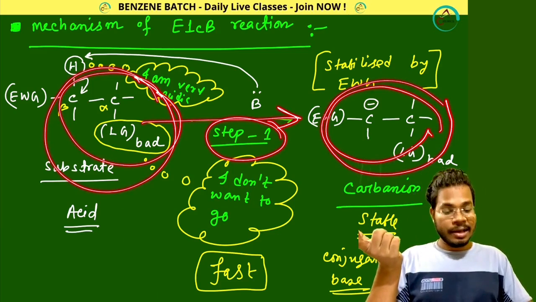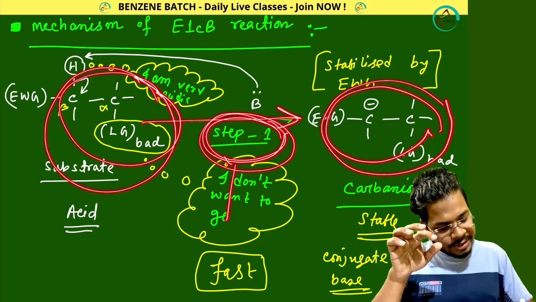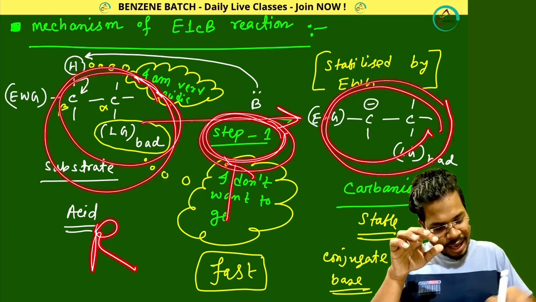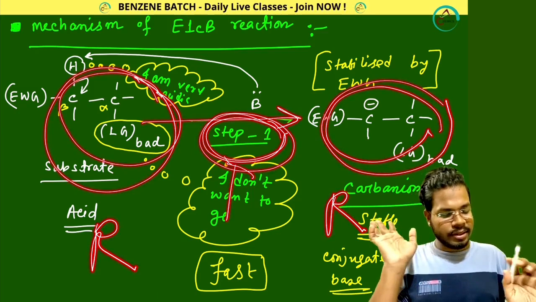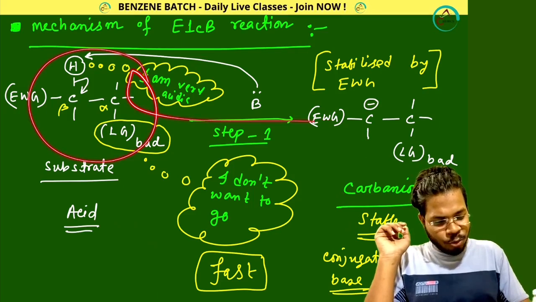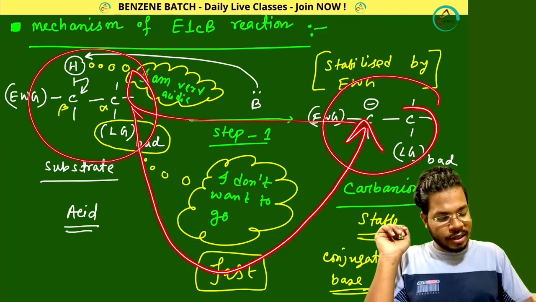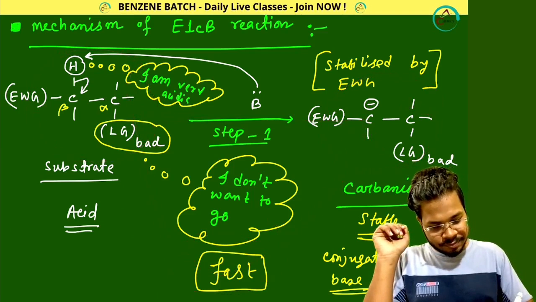Definitely I can say that. I am only talking about step 1, not step 2. In step 1, this is my reactant and this is my product, and I get from reactant to product through a transition state.